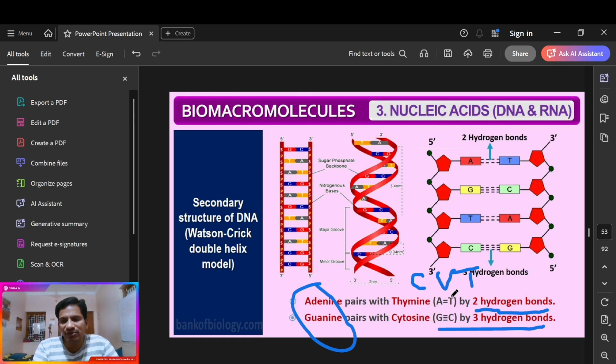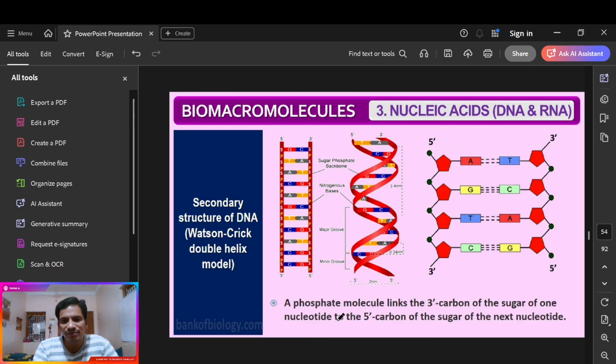A phosphate molecule links the third carbon of the sugar of a nucleotide to the 5 carbon of the sugar of the next nucleotide. This is very important. The phosphate molecule links with the third carbon of one nucleotide to the fifth carbon of the sugar of the next nucleotide. Right? That arrangement is like that.